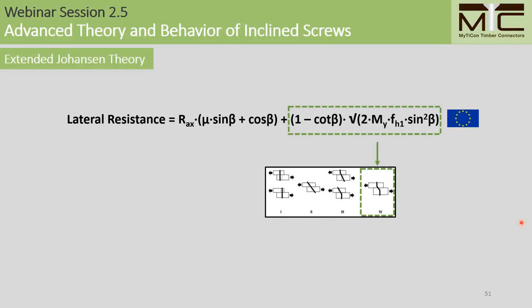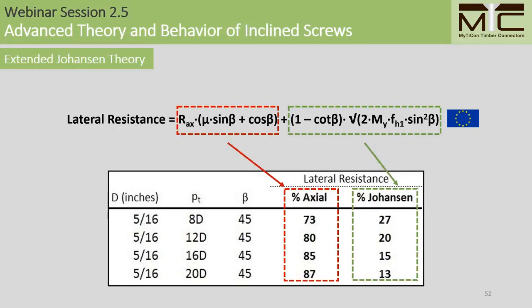So what I'm really interested in with this analysis is how much theoretical connection strength comes from axial effects alone. Computing through this expression and changing only the penetration depth in this column from 8D, which is low, to 20D, which is high, we can see the same pattern as we did previously by looking over here.